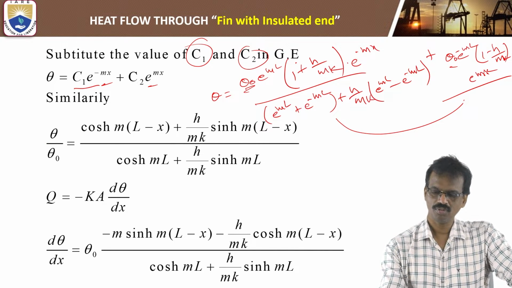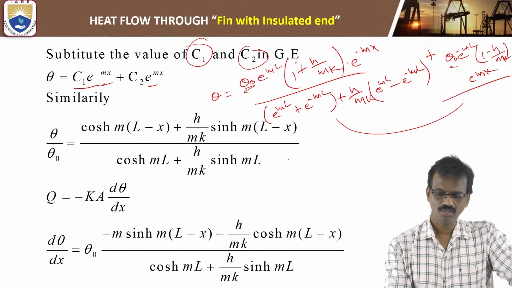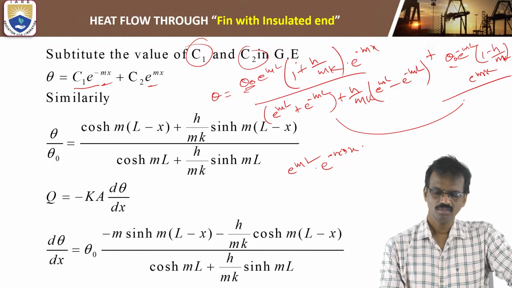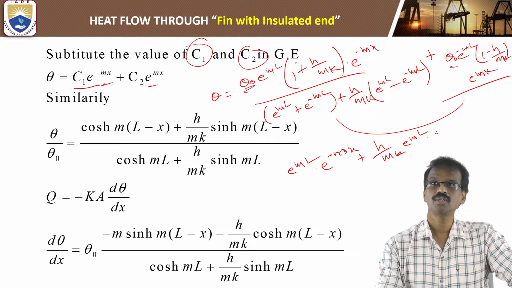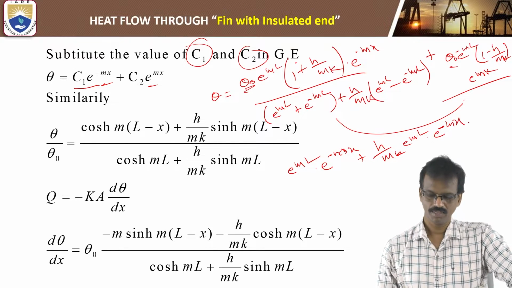So then if you solve this one, it means e to the power of m into l into e to the power of minus mx, plus e to the power of h by mk into e to the power of ml into e to the power of minus mx.